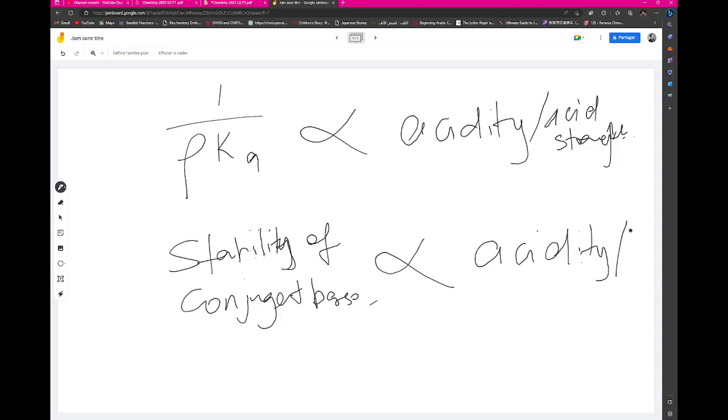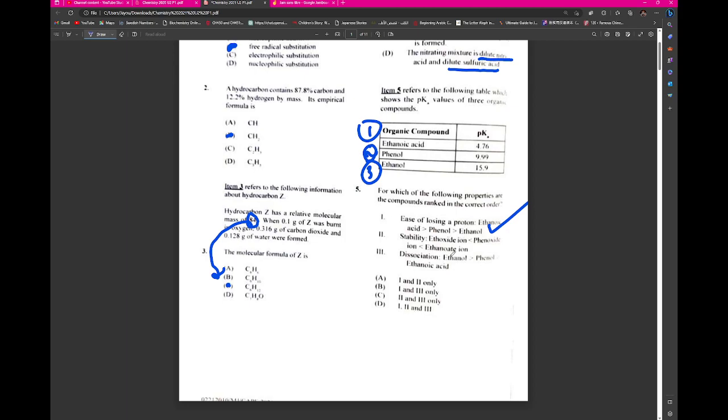Acidity or acid strength, same thing, right? So isn't the stability of the conjugate base proportional to the acid strength? The more stable the conjugate base, the easier it is to lose a proton, because it knows it's going to be stable in that state as a conjugate base. So this means that the ethoxide ion will be the least stable, the most unstable. And by the greater than and less than signs, this is true.